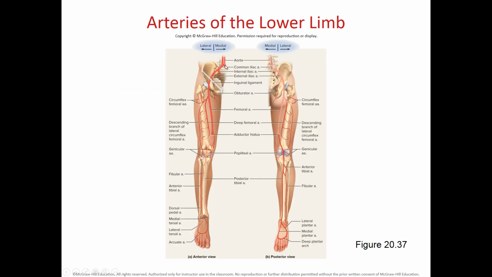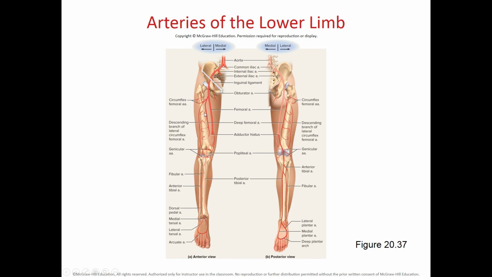So here we have the aorta, which bifurcates into the common iliac, and then the common iliac gives these branches, the internal that goes deep, and then the external iliac that goes superficial. And then just below the inguinal ligament, the external iliac bifurcates into the femoral and deep femoral artery.